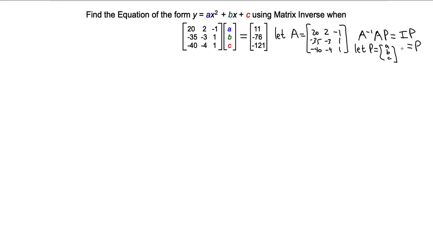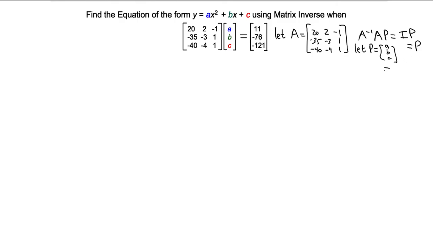So we will have solved for A, B, and C if we multiply A to the negative 1, the inverse, by the original, that gives us the identity matrix, and then identity times the P, the third matrix consisting of entries A, B, and C, is equal to the matrix itself. But you have to do the same thing on the right side.